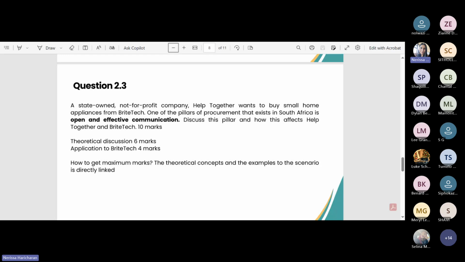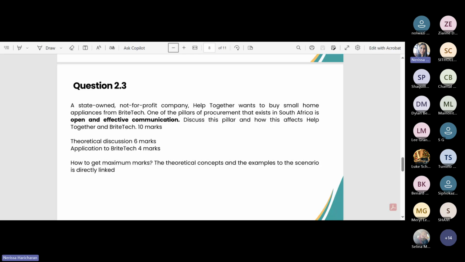So how is open and effective communication affecting Help Together, which is the nonprofit organization, as well as BrightTech? So you want to talk about how you want something that's transparent and competitive, something that's cost effective in terms of different communication styles.